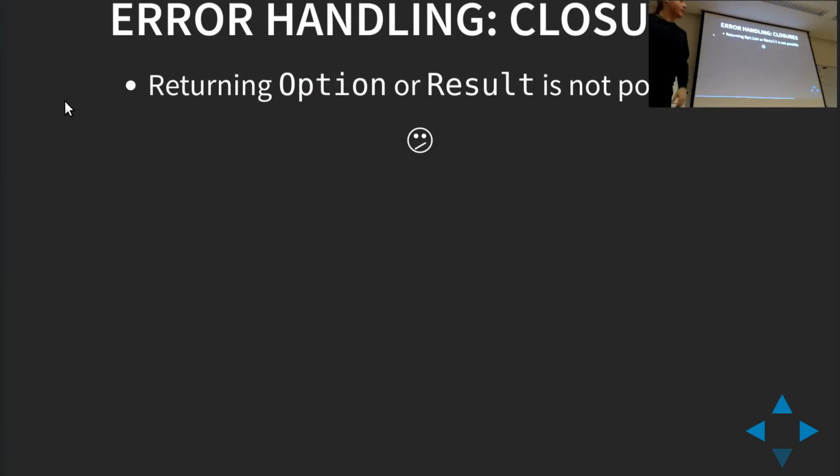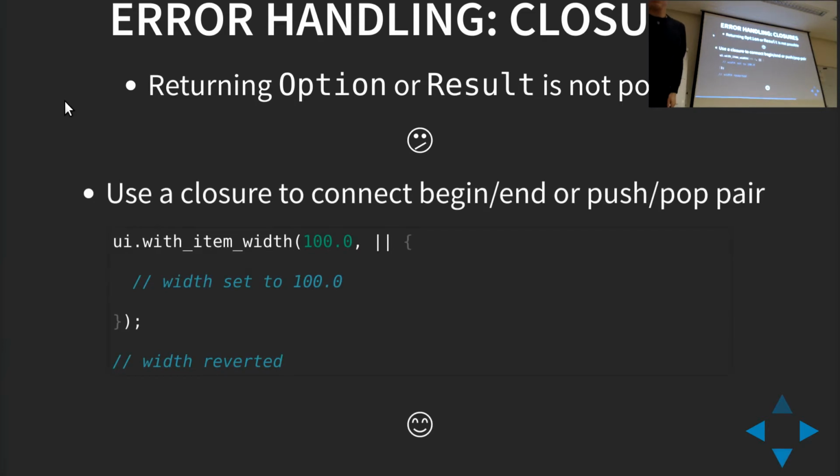Because the C++ assertion is there, there's no way to check whether something went bad and maybe return an option or result or some other nice Rust type. So one of the options is to combine the push and pop into one function. So we know that we call push and pop.